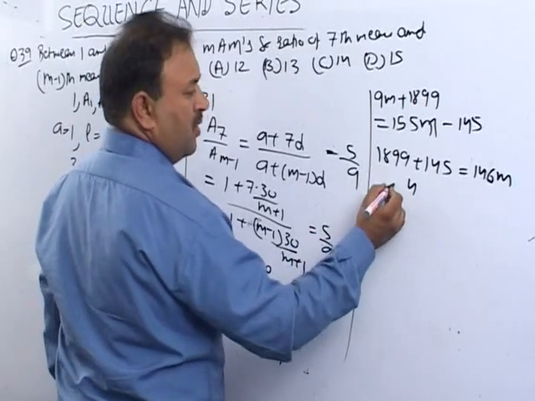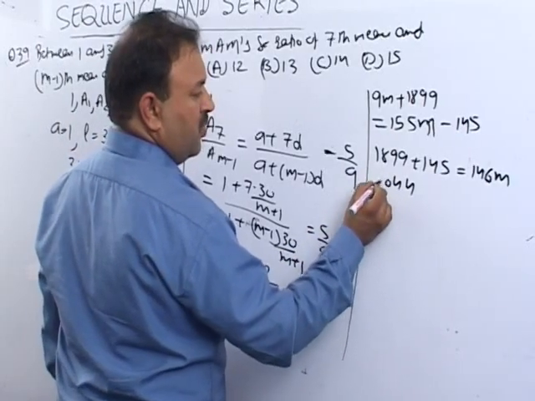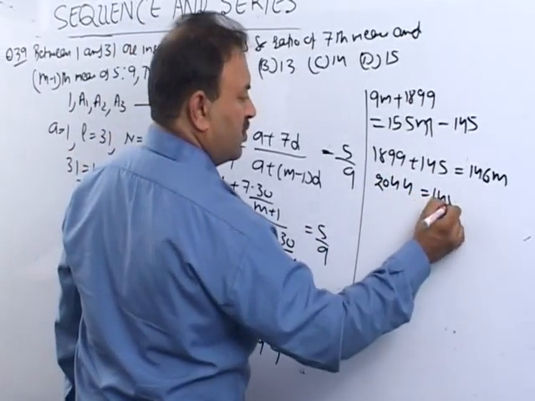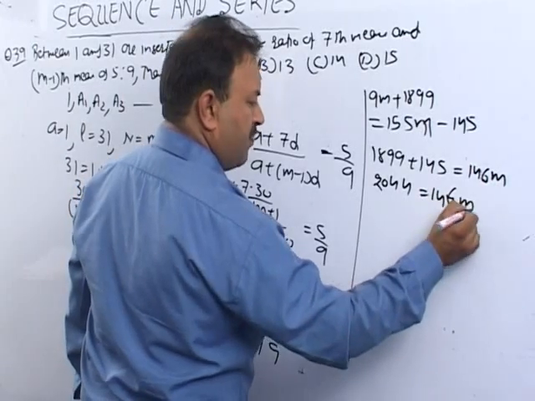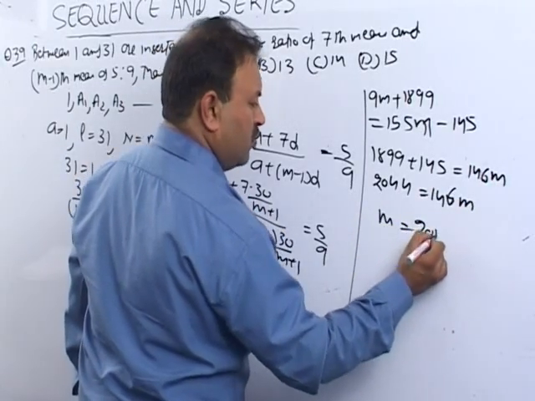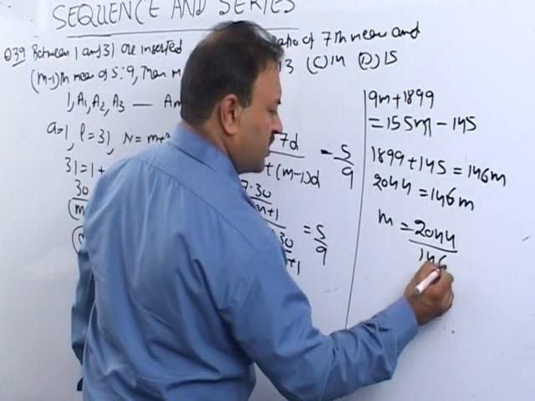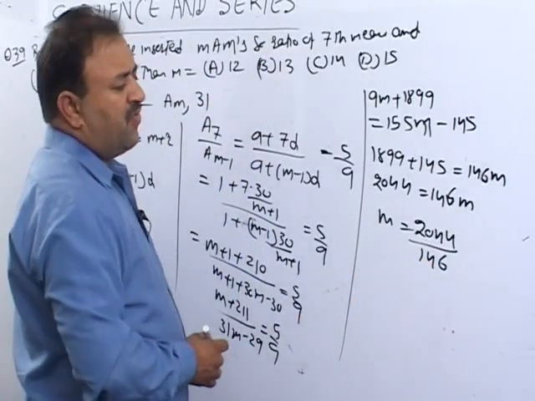Just add up. We got 2044 is equal to 146m. So m will be equal to 2044 upon 146. Now just simplifying it.